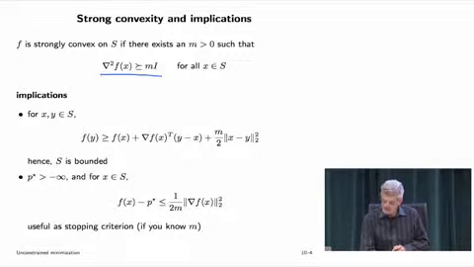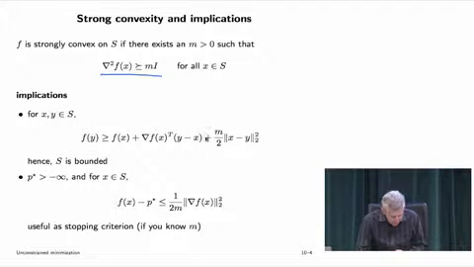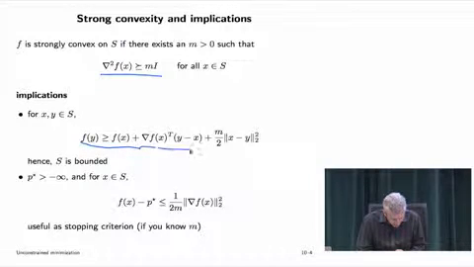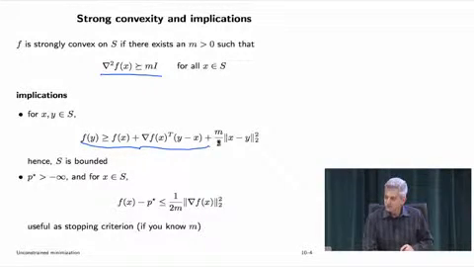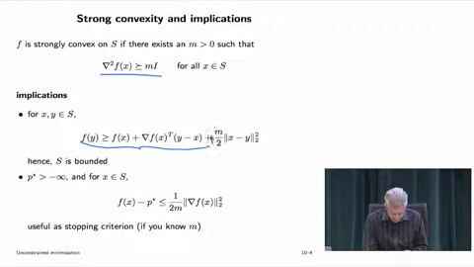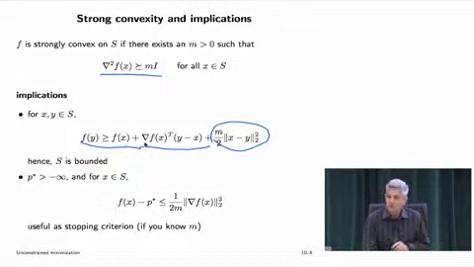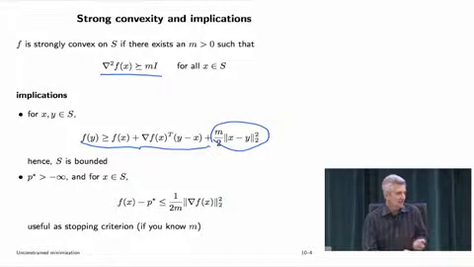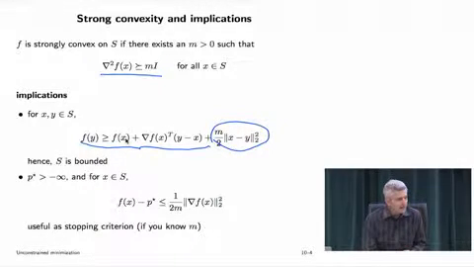Now, what this does is actually something very interesting, and we'll see variations on this later. This inequality right here, without this term, is the classic inequality that holds for any convex function. It says that the first order Taylor expansion is a global lower bound on f.